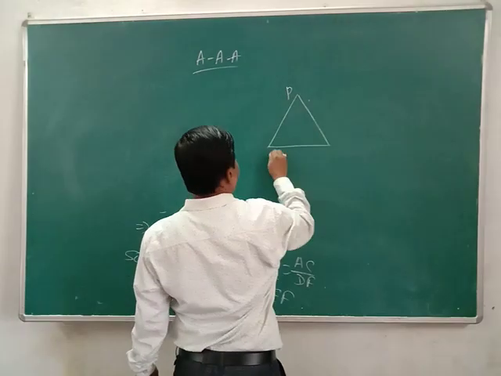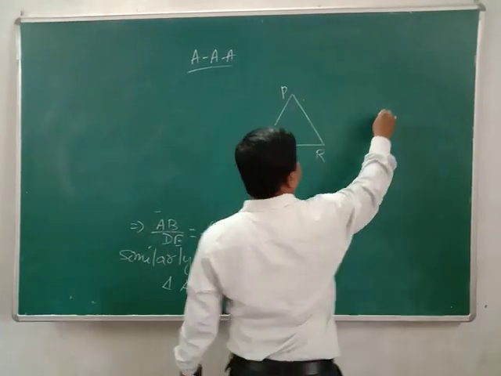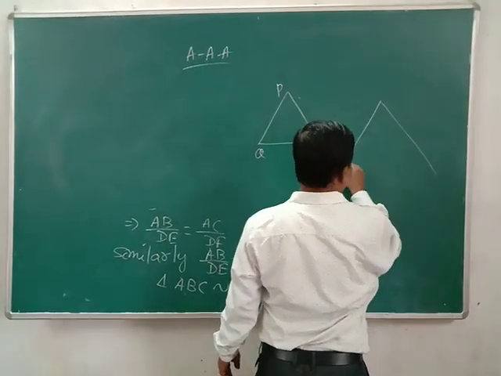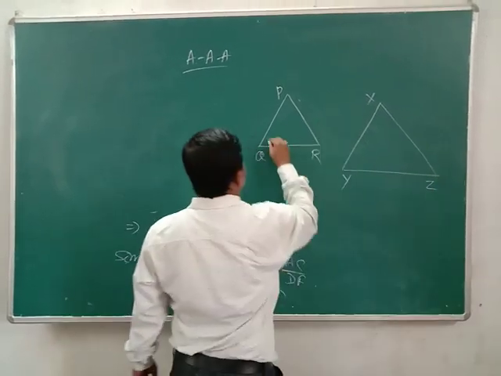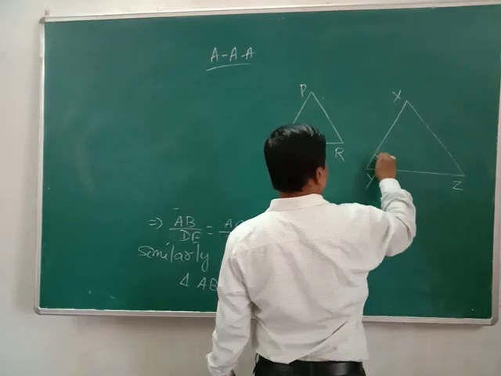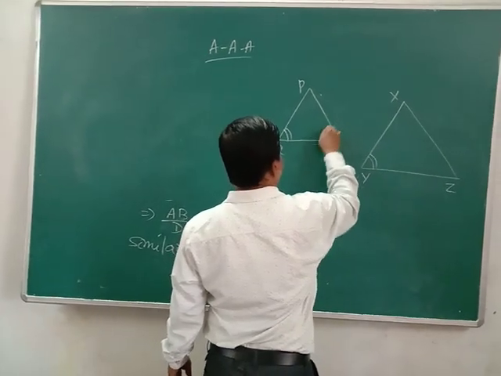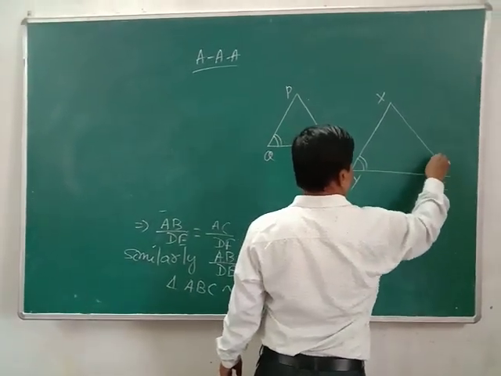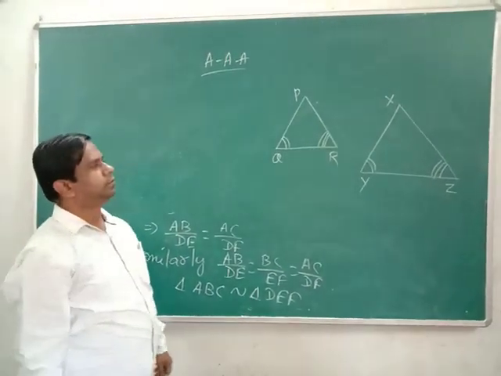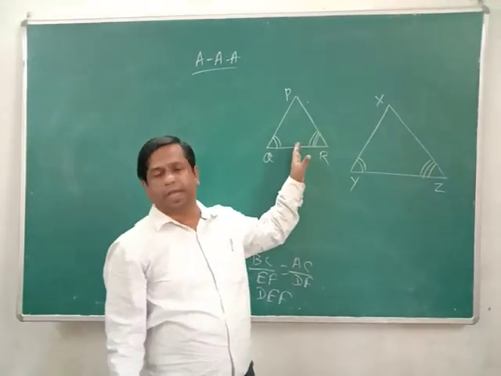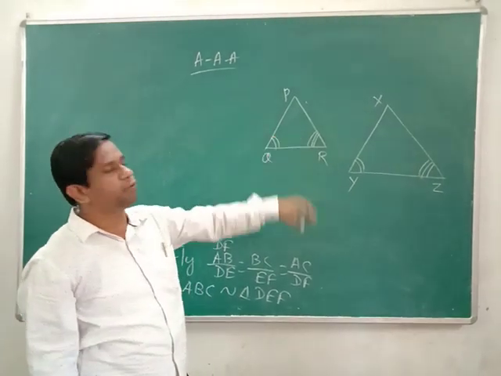Suppose PQR is a triangle and XYZ is another. You are given angle Q is equal to angle Y and angle R is equal to angle Z. Are they similar? Will triangle PQR be similar to XYZ?